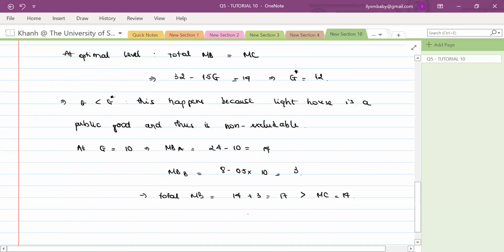So we know that when the total marginal benefit is higher than the marginal cost, it should be optimal to produce more. That's why G equal to 10 is not an optimal level. However, because the good is a public good, Beatrix can free ride on the lighthouse that is bought by Alex.